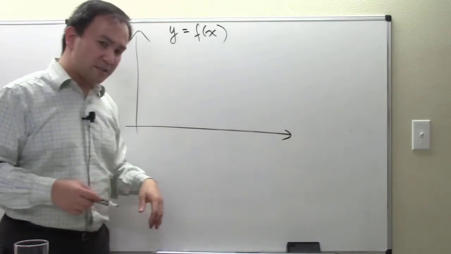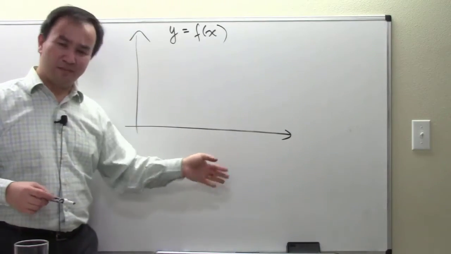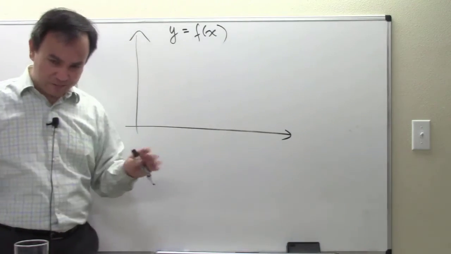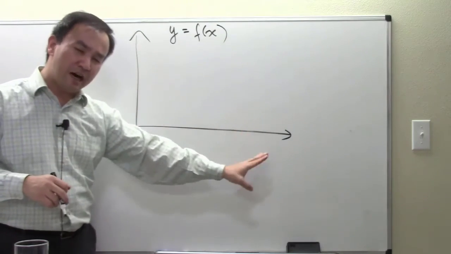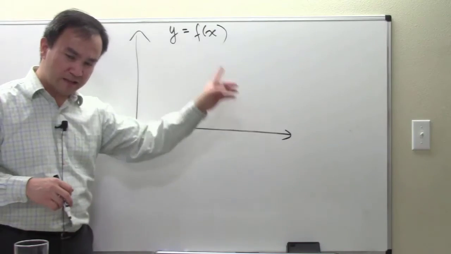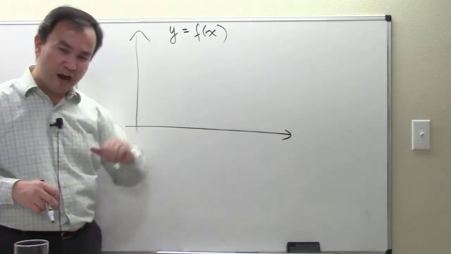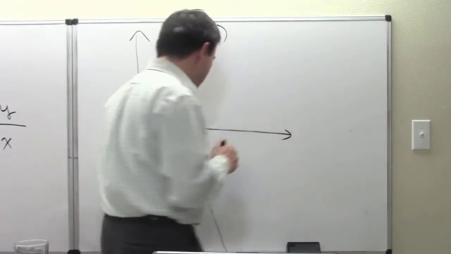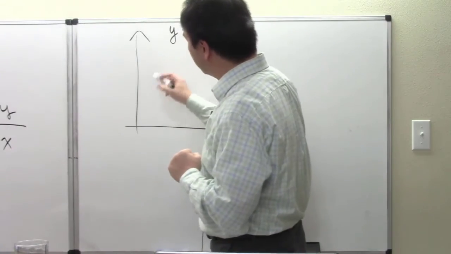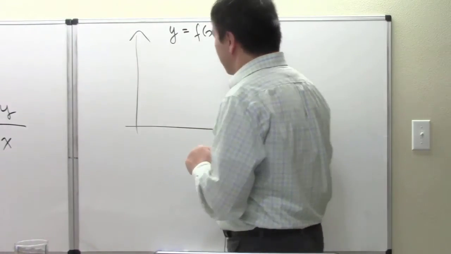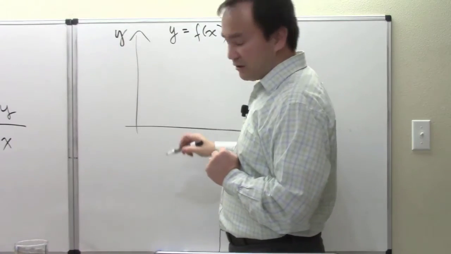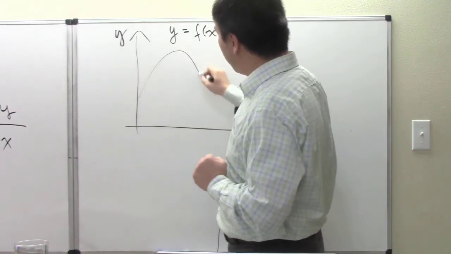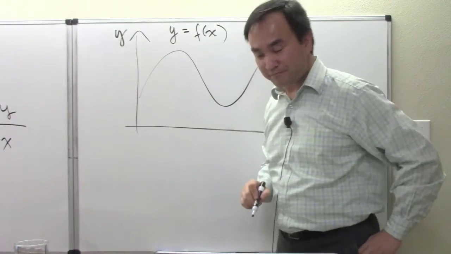It looks like I used a lot of time here, but as you get more advanced and apply this concept to different situations, time is not the only variable that causes your function output to change. Now back to this problem: the variable x is on the horizontal axis, the variable y is on the vertical axis, and we have some ups, some downs, and some ups again.